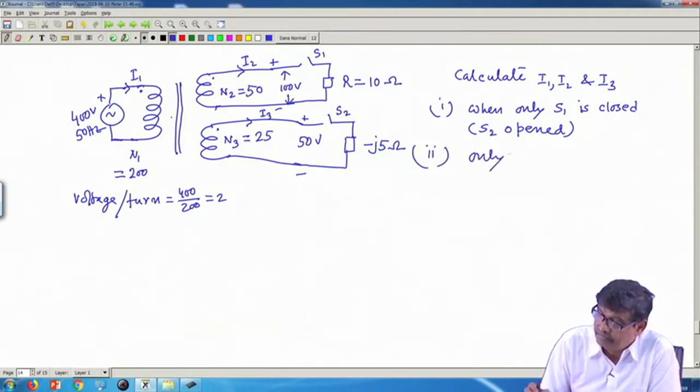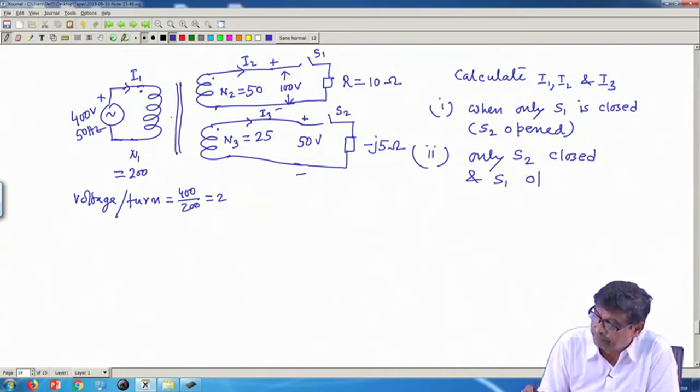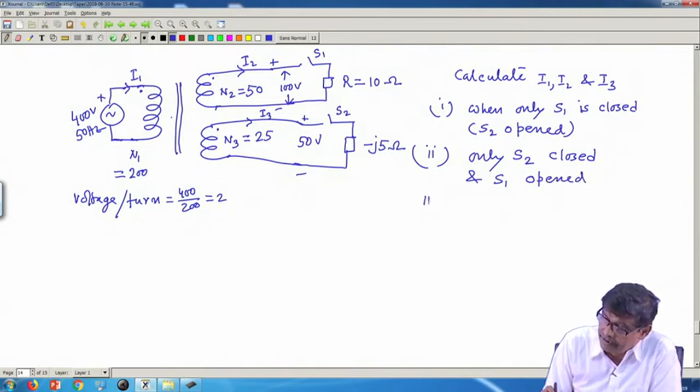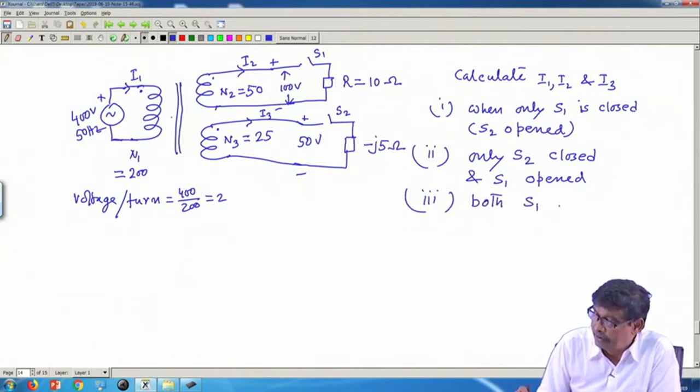Only S 2 closed and S 1 opened. And finally, both S 1 and S 2 are closed.